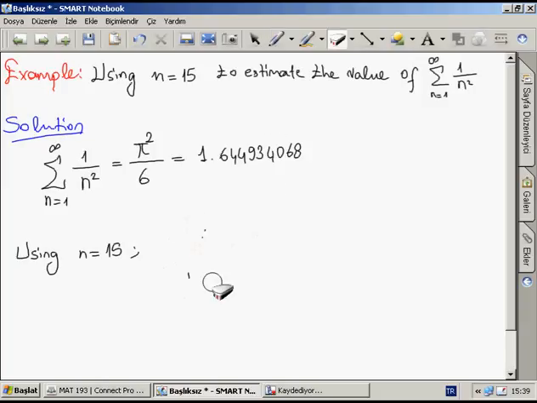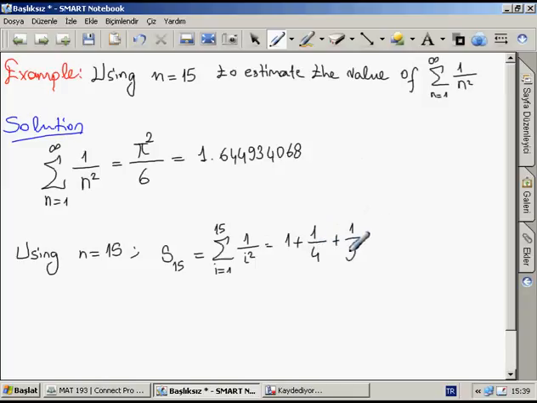Clearly, S15 equals the sum from i equals 1 to 15 of 1 over i squared, which is 1 plus 1 over 4 plus 1 over 9 plus, it goes on like that, up to 1 over 225.